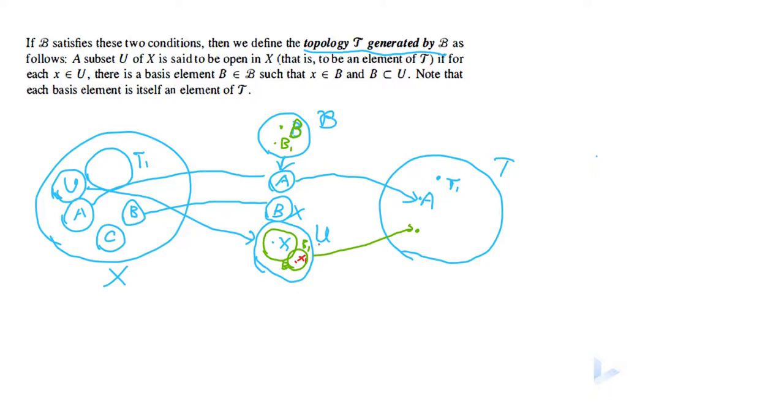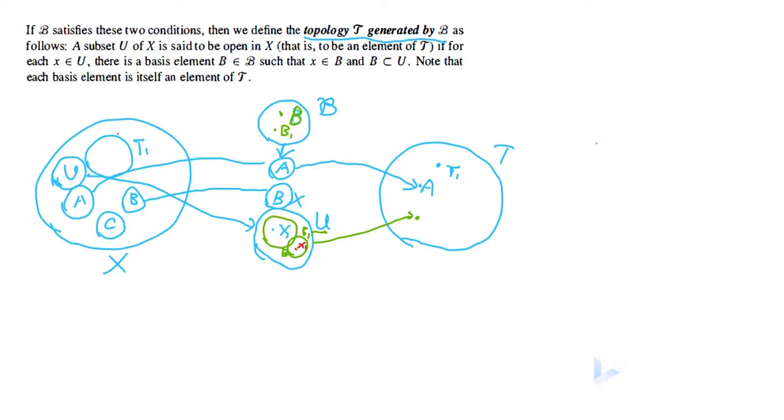Because in Euclidean space, if U is an open set, for any element inside the U, it will have an open ball to contain it, and the open ball should be inside this U. So the basis element is just like a generalization of the concept of open balls in Euclidean space.